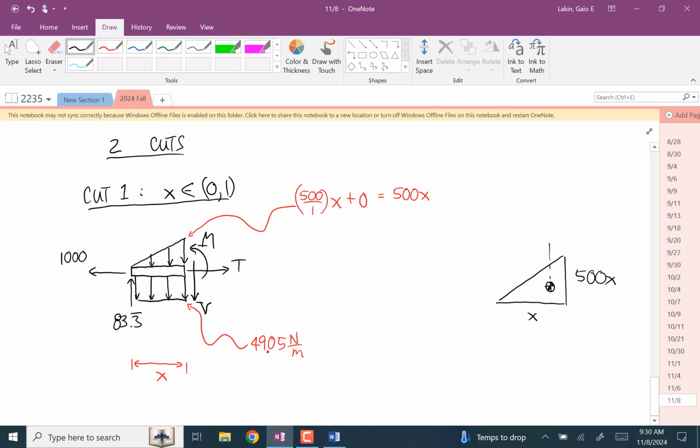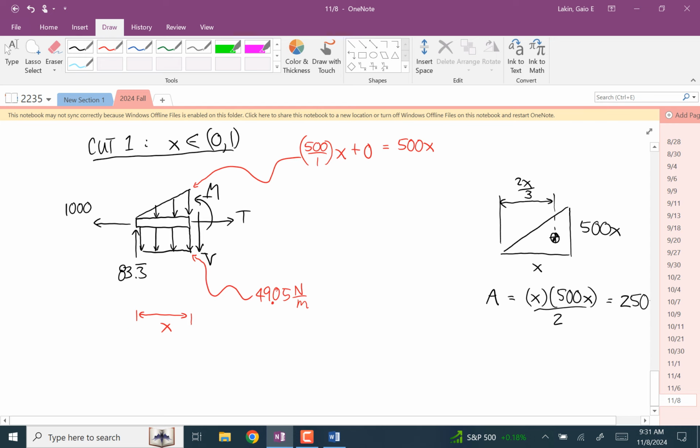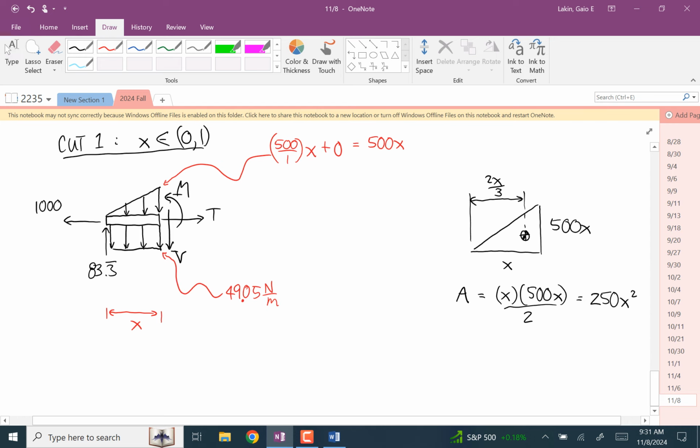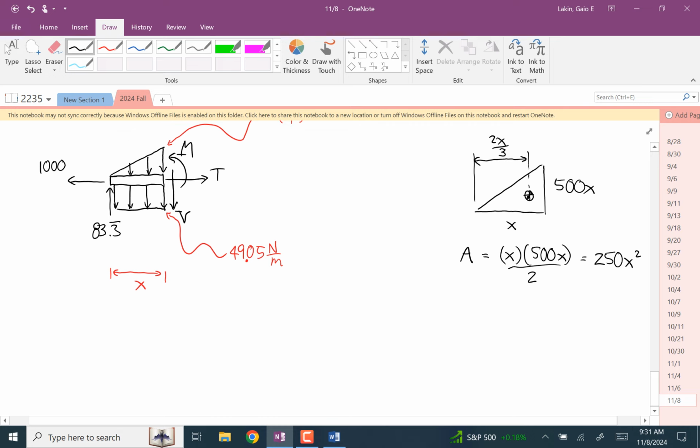Since it has a length of x, this distance is 2x over 3. And the area of this triangle is the base times the height divided by 2. So we get 250x squared.